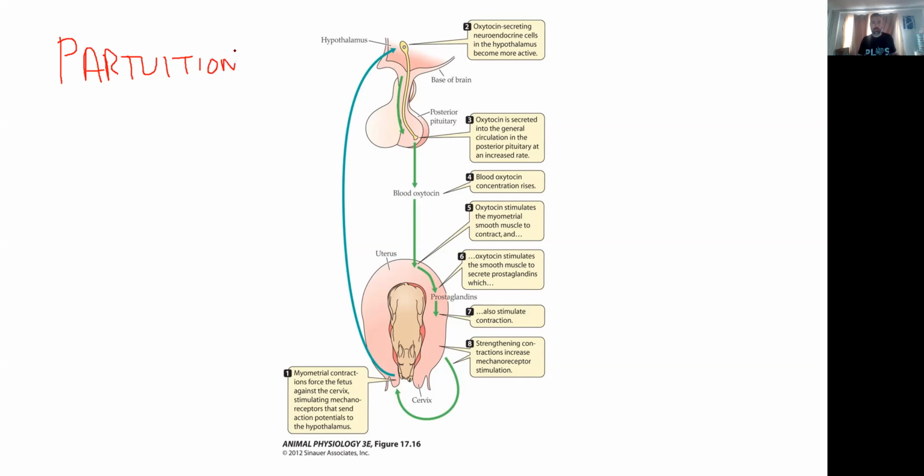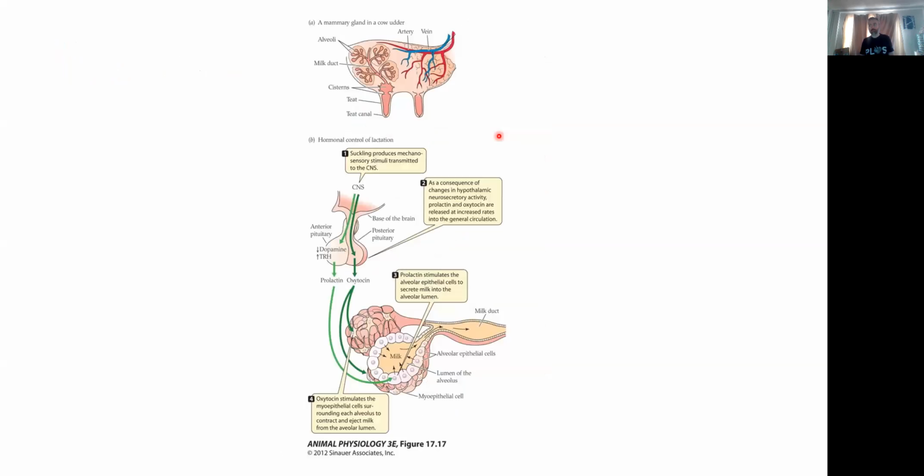You never thought you would miss me writing on the board, but here we are. So parturition is just birth. And the driving of parturition, of birth here, is a series of rhythmic contractions of the uterus, here driven entirely, there's a lot of things going on here, driven by oxytocin. That's going to be our primary driver for birth, for parturition.